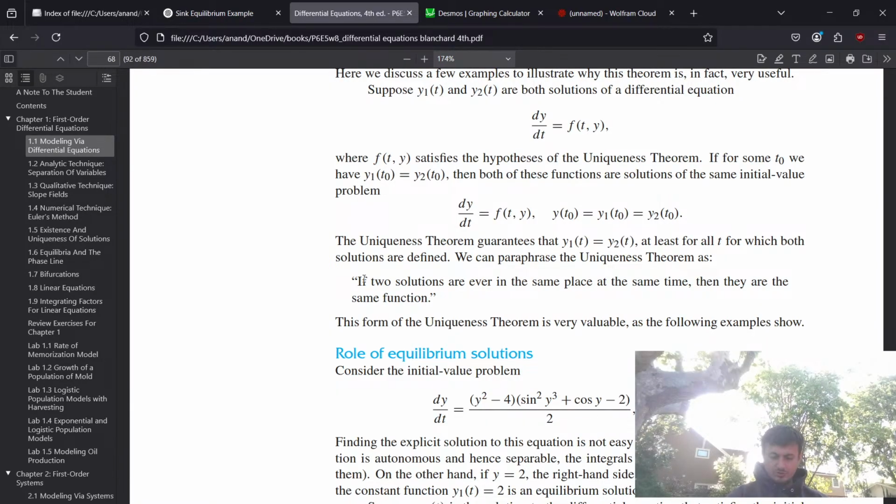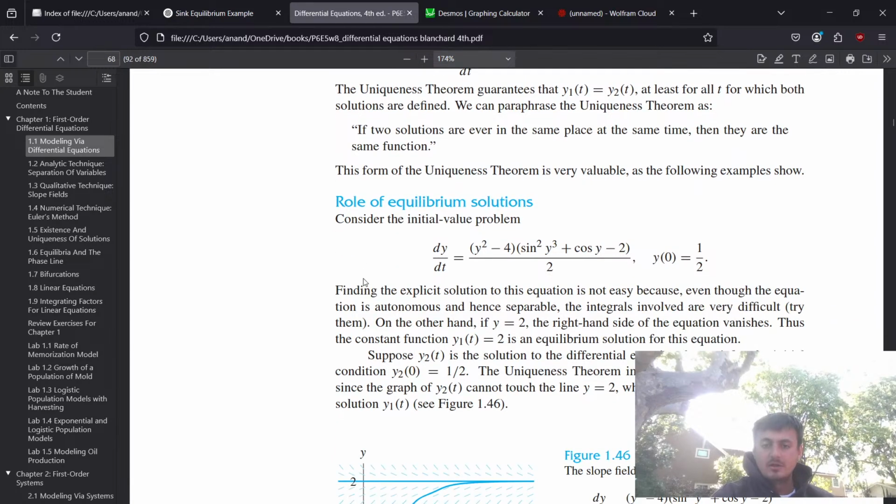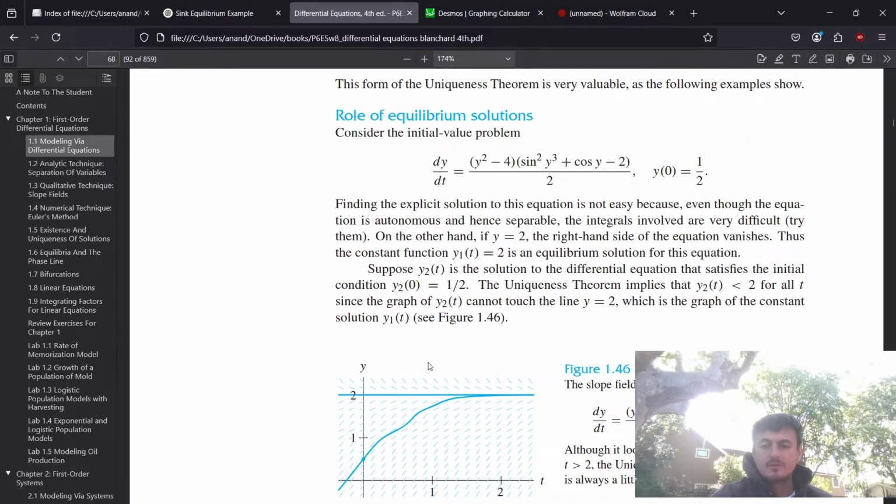If two solutions are in the same place at the same time, then they are the same function. That's the important thing.